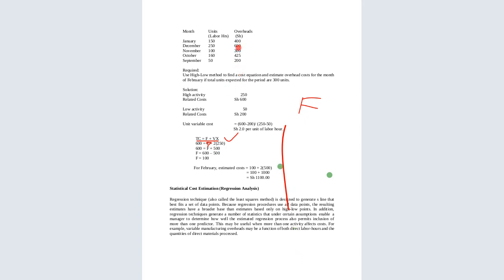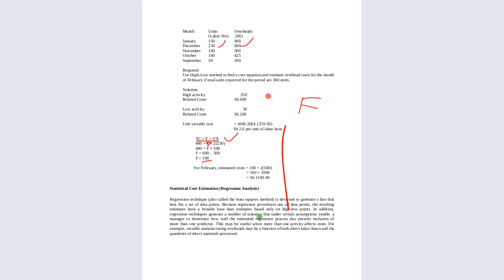Remember, under the overheads, 600 goes hand in hand with the labor hours of 250. So we replace with the value of X and find the value of F. By substitution, the value of F is 100.